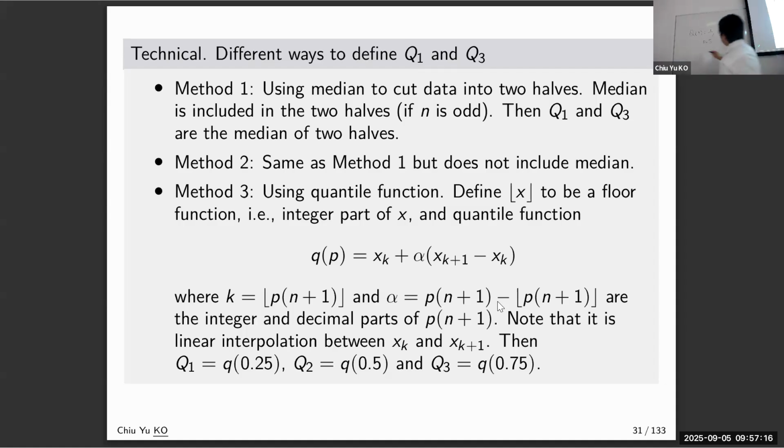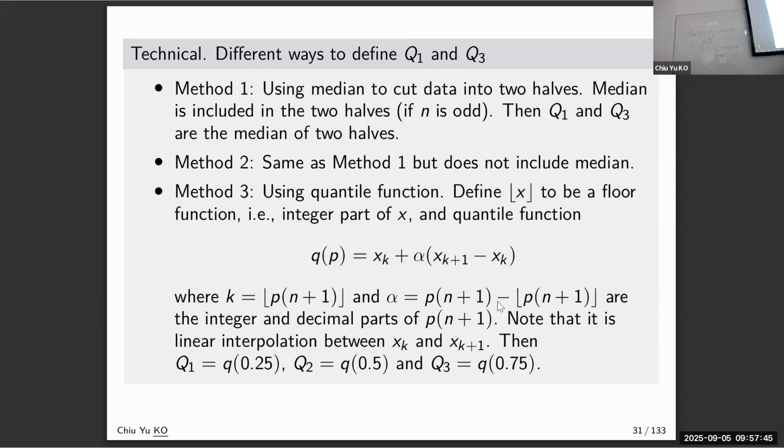And what about Q1? Q1 is 1/4 of n+1. 5 plus 1 is 6, and 6 divided by 4 is 1.5. So how do we calculate the data at rank 1.5?